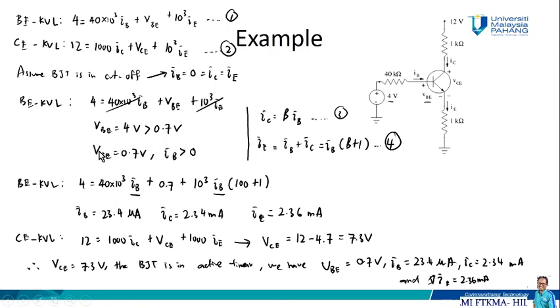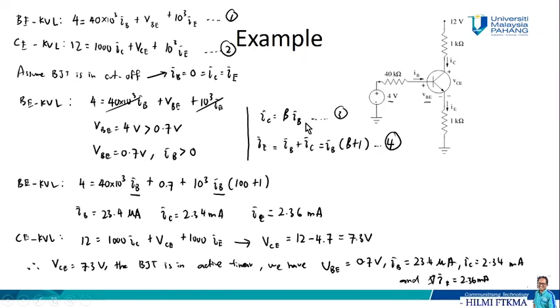Okay, and we are going to use the value for VBE is 0.7 volt. The current must be larger than 0, and that is being satisfied once we calculate. We got IB is 23.4 microamp, so it is larger than 0. It means that it is in active region.